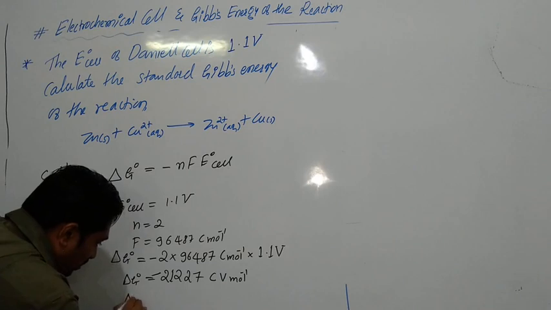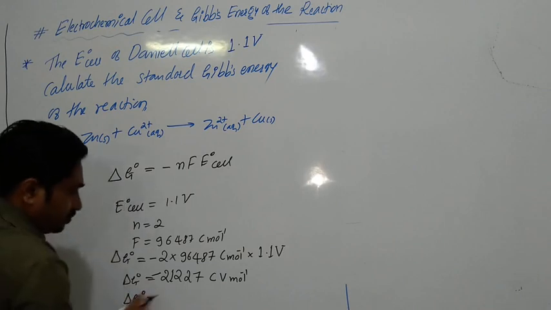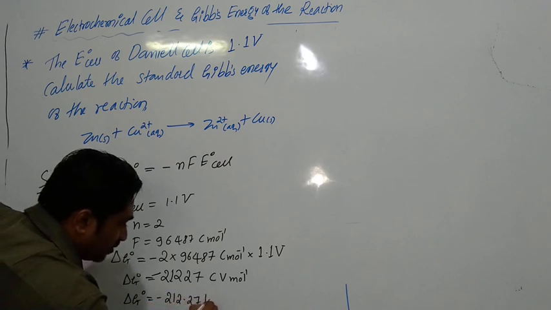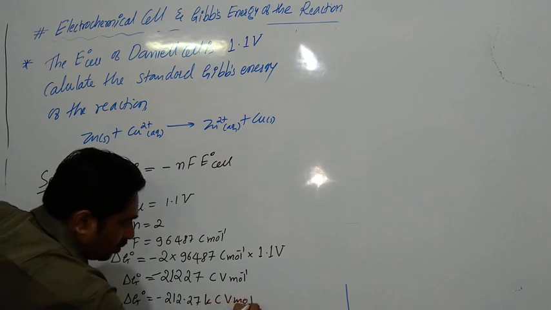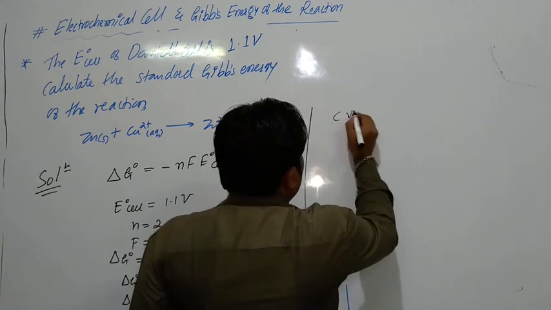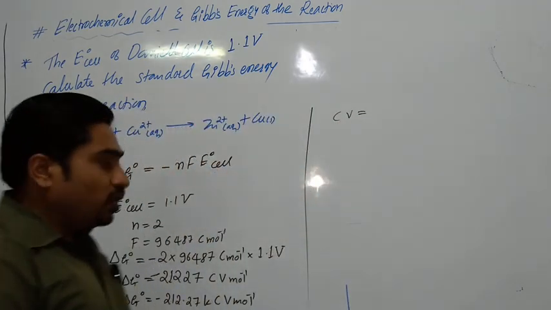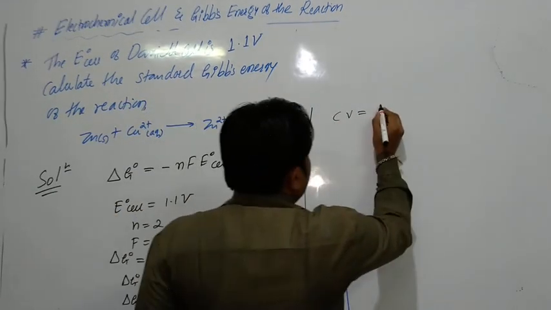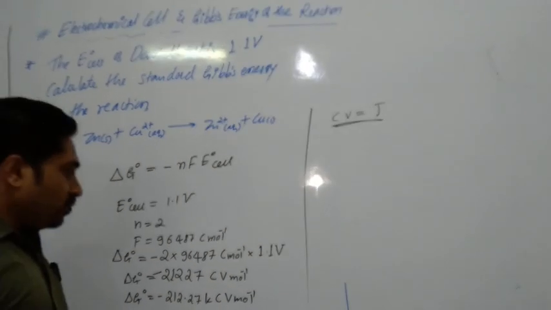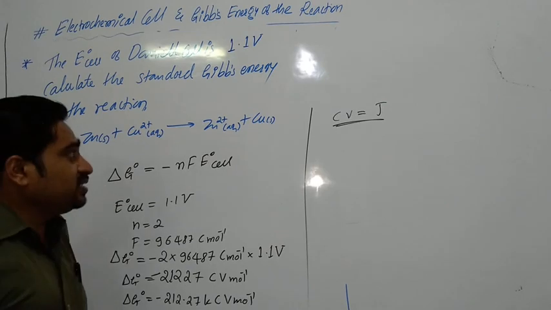So now delta G naught is equal to, I will write, minus 212.27 kilo coulomb volt per mole. And we know that coulomb volt is equal to joule. See here, what is the exact meaning of this?